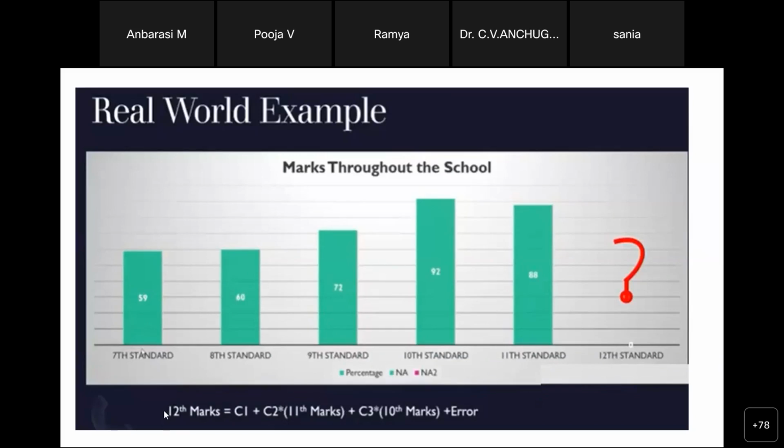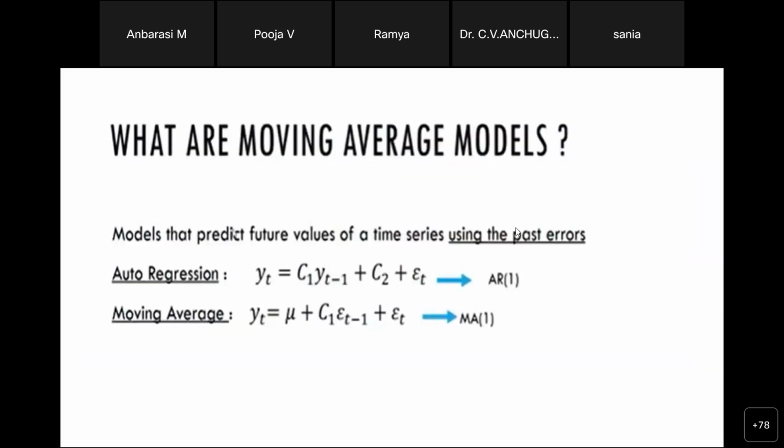If I want to predict the 12th mark, we take a constant value, plus a constant multiplied with the 11th mark, plus the previous value, the 10th mark, also considered, plus an error value. This is how we predict the 12th standard marks. So this is an example of the autoregression model.